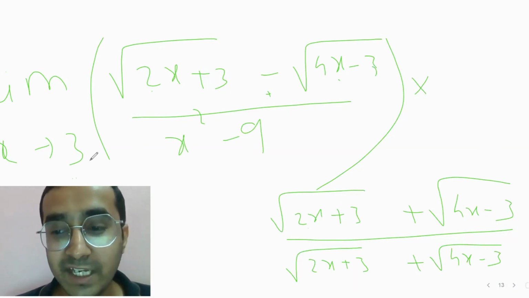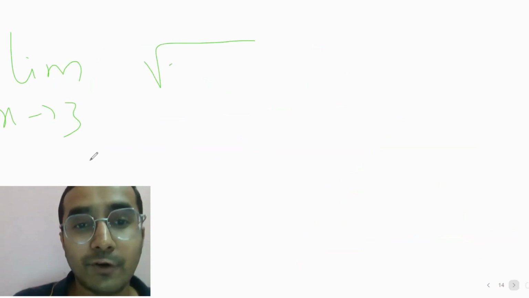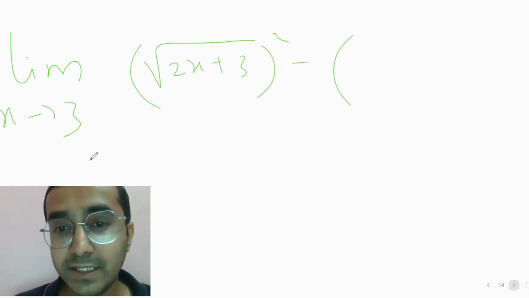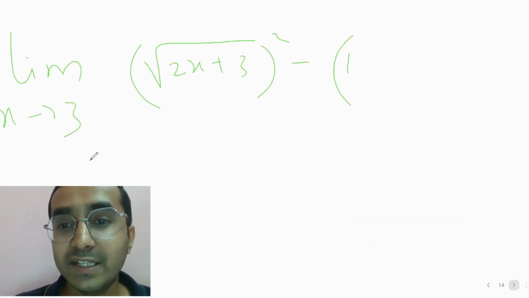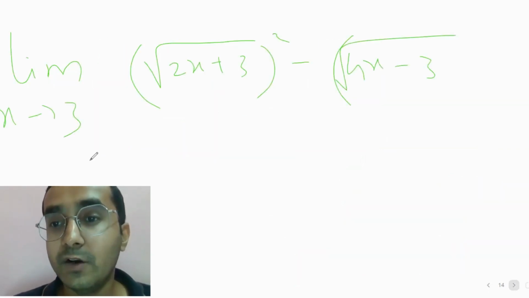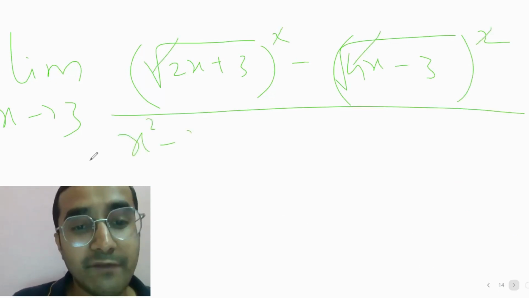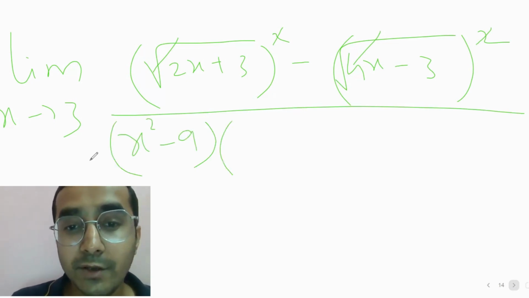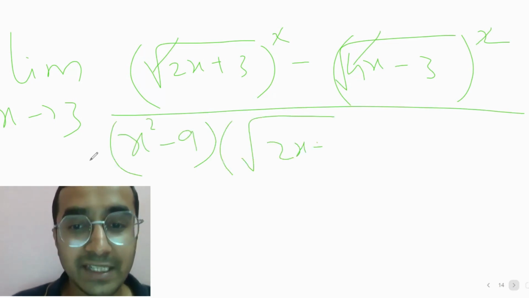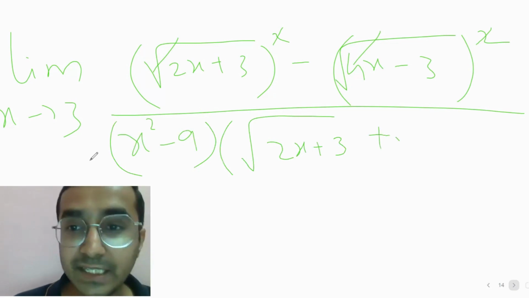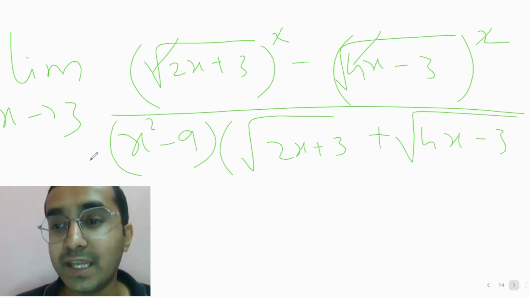So it will be a square minus b square: root of 2x plus 3 the whole square minus root of 4x minus 3 the whole square. The square and the root get cancelled. Divided by x square minus 9 into root of 2x plus 3 plus root of 4x minus 3.